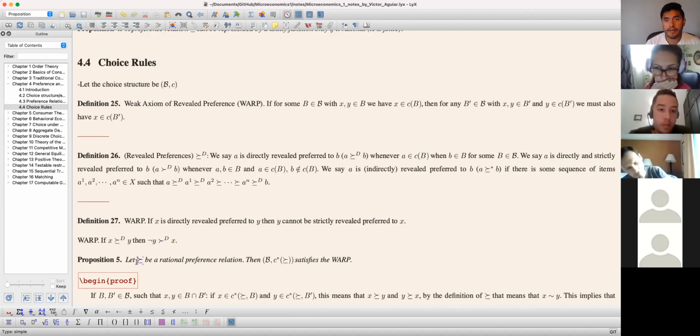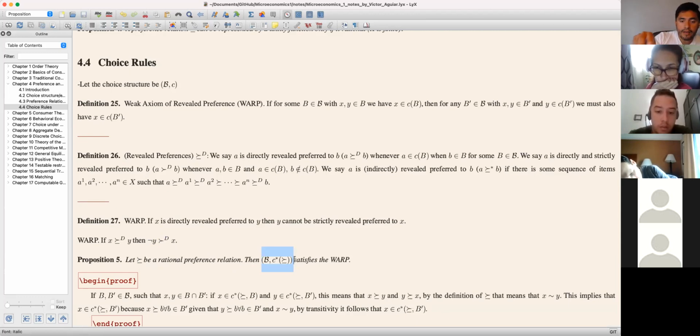So let the symbol represent a rational preference relation, and say I have some menus, and remember this C star notation. This decision maker is maximizing their preferences in these menus, generating this choice correspondence C star. This is the notation I introduced some minutes ago.